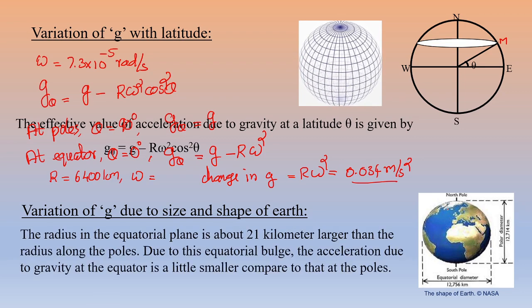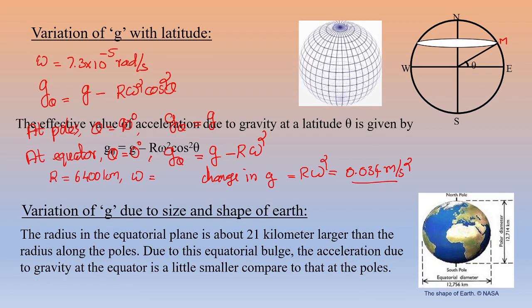So that means there is a variation in the value of capital R. Due to this equatorial bulge, the acceleration due to gravity at the equator is a little smaller compared to that at the poles. All these variations are very, very small, so sometimes you can neglect these variations in the value of g.